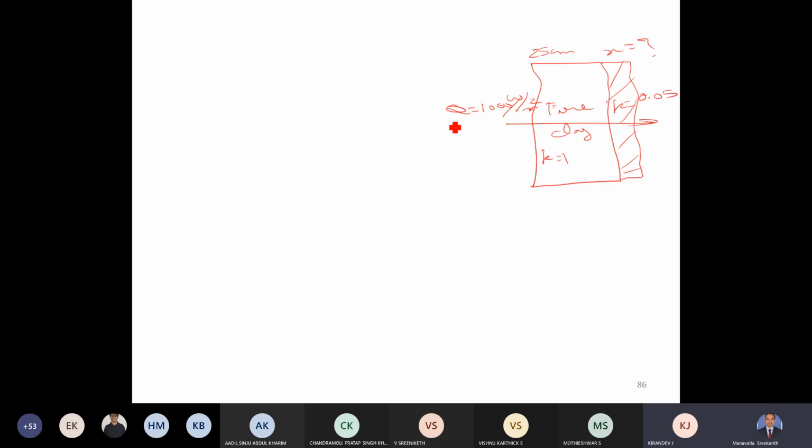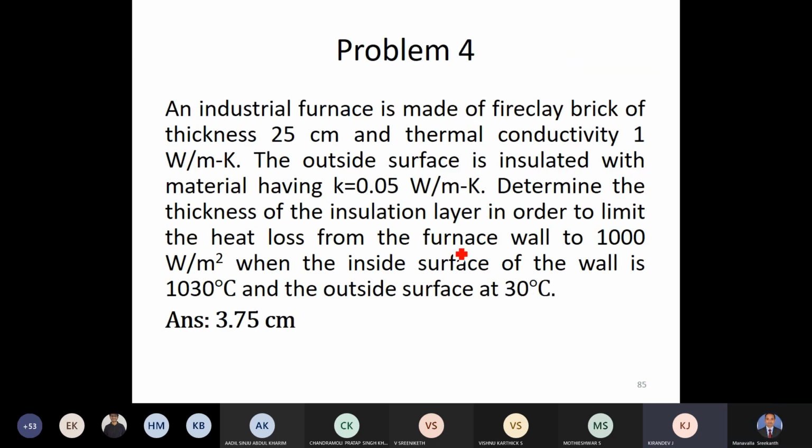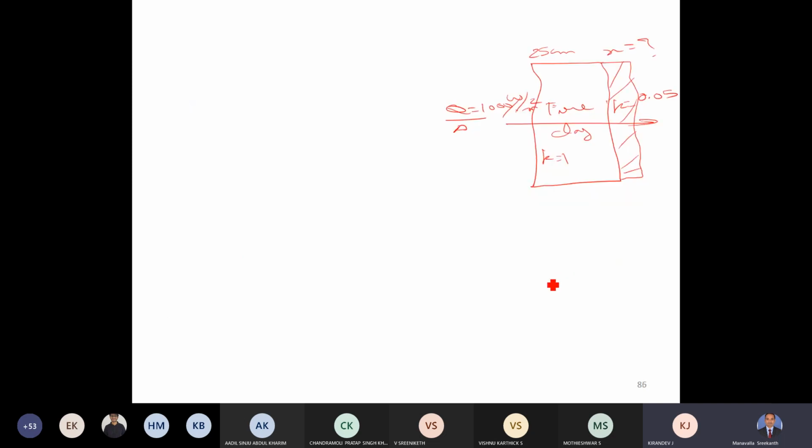So this is basically heat flux, Q by A should be 1000 watt per meter square, when the inside surface of the wall is 1030 degrees Celsius and the outside at 30 degrees Celsius. So this temperature is 1030 degrees Celsius and this temperature is simply 30 degrees Celsius. So we have to find the value of X.